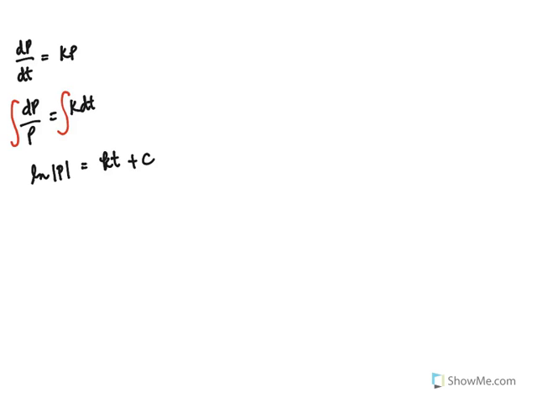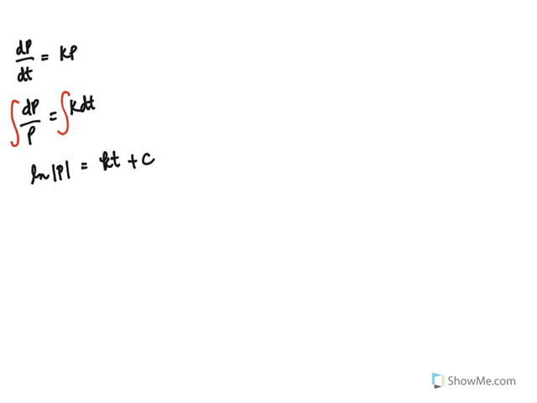Now you want to solve here for an explicit form of the solution. Remember, for this differential equation, what we want is an expression for the population at any time t. Therefore, we want our general solution to be expressed explicitly as P in terms of time t.